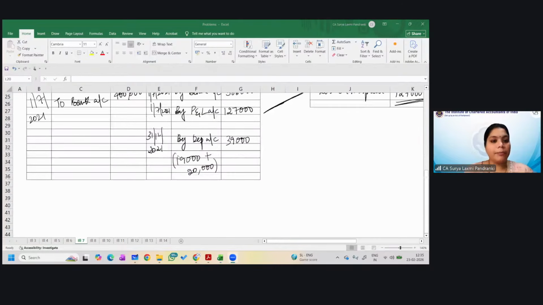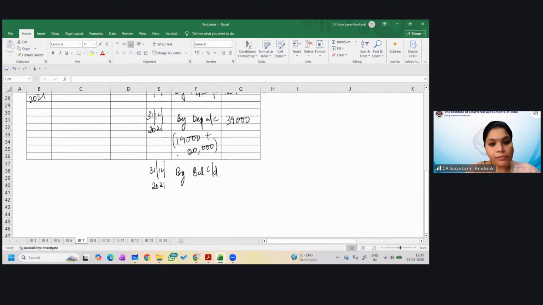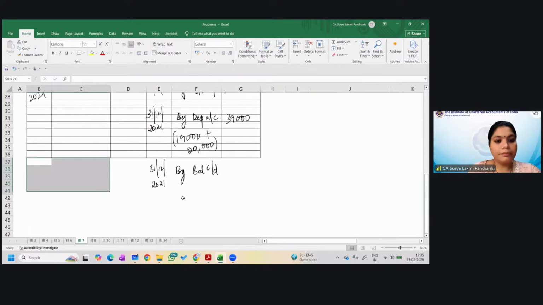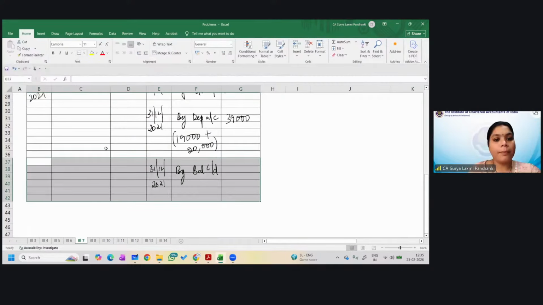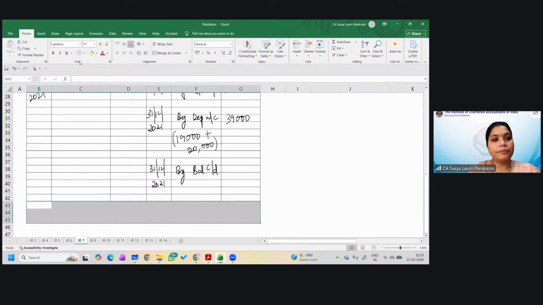Calculate the balancing figure on 31st December 2021 by balance carried down. How much is the balance? Five lakh 51,000.